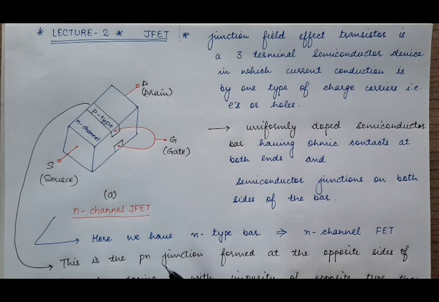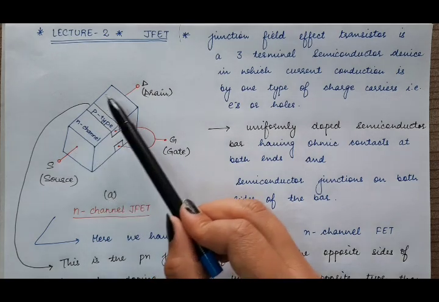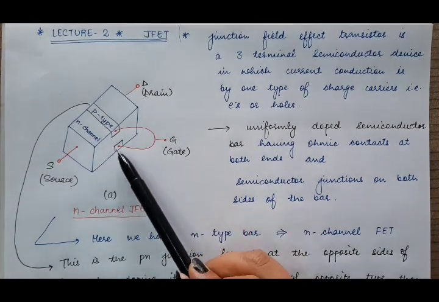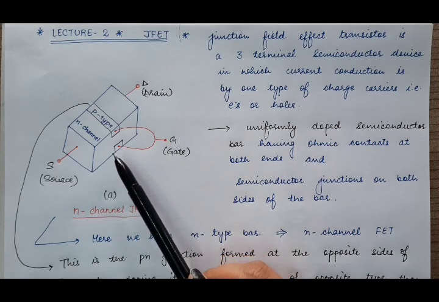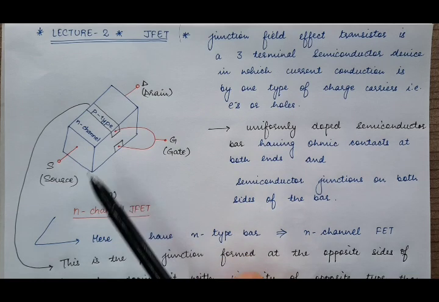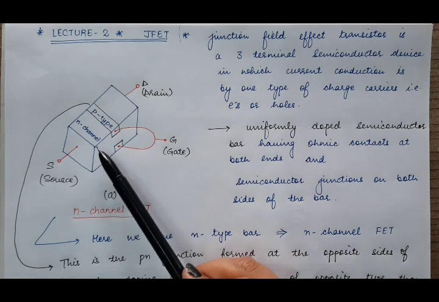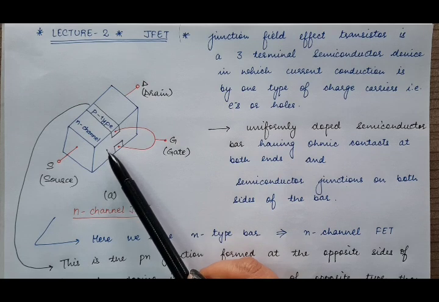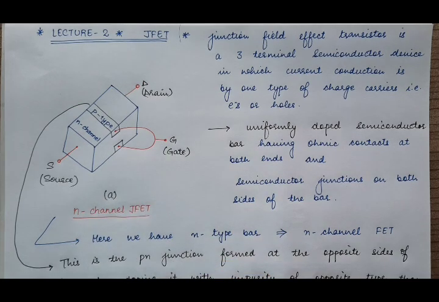Unipolar means the current is due to the motion of only one type of charge carrier, the majority carriers. If this semiconductor bar is N-type, then the majority carriers are electrons, so the current will be conducted by electrons.